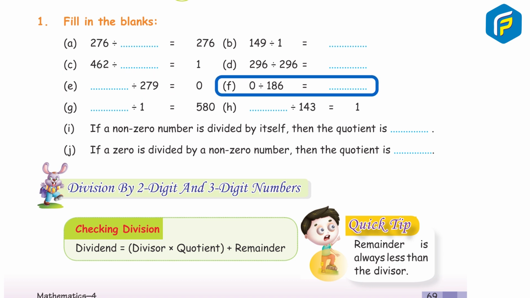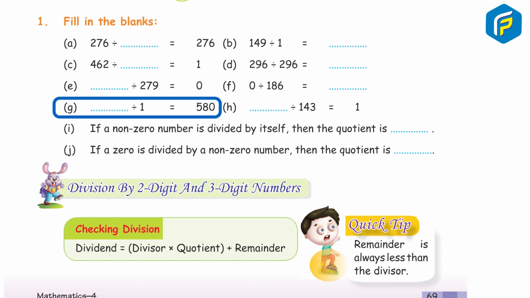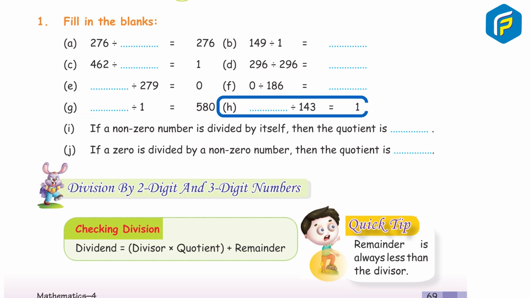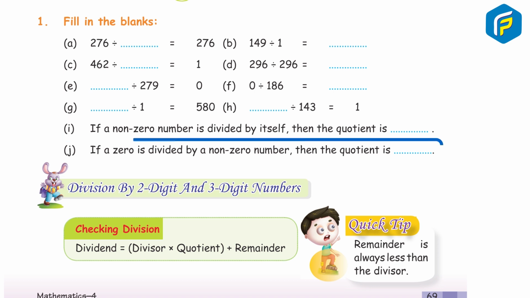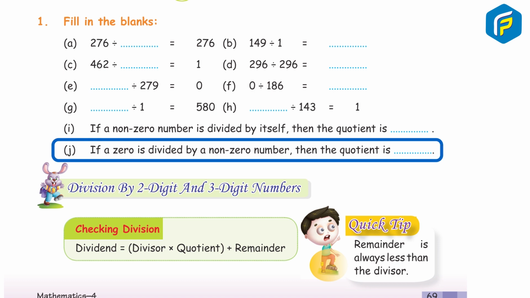F. 0 divided by 186 is equal to 0. G. 580 divided by 1 is equal to 580. H. 1 divided by 143 is equal to 1. I. If a non-zero number is divided by itself, then the quotient is 1. J. If 0 is divided by a non-zero number, then the quotient is 0.